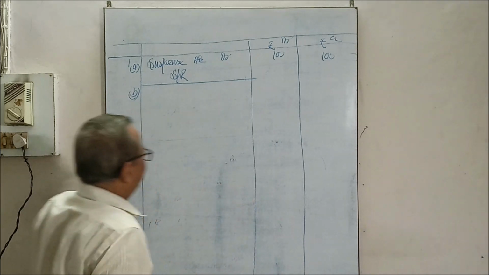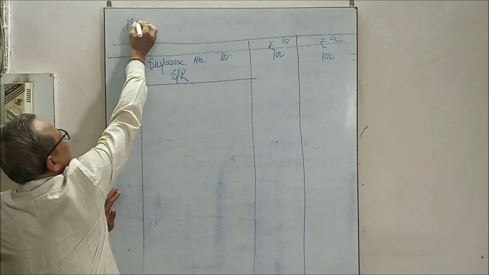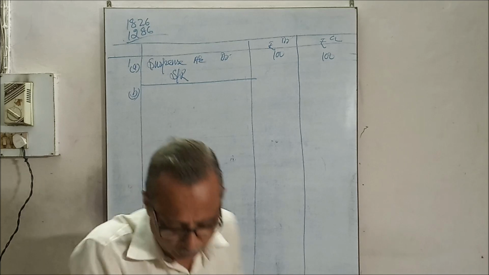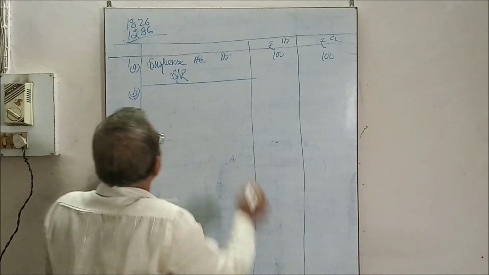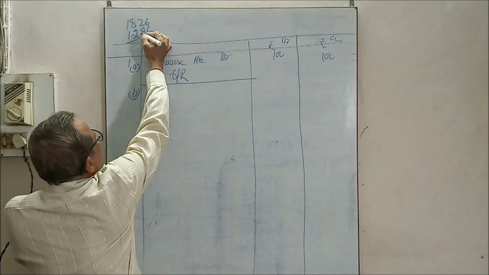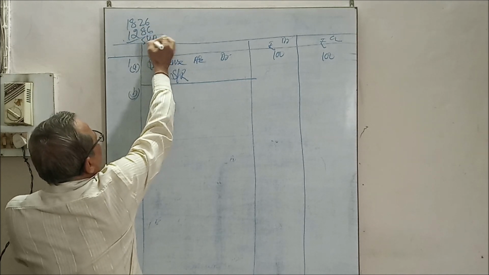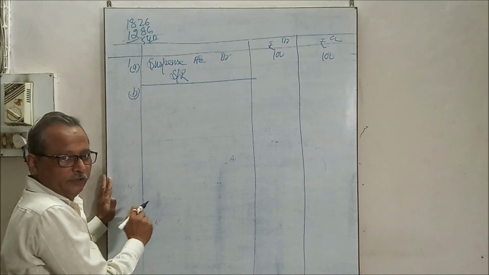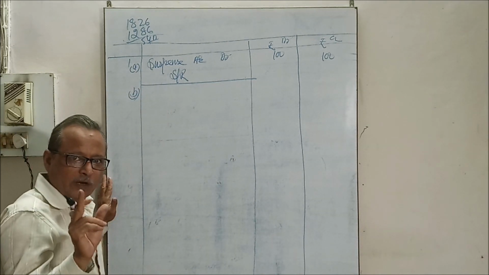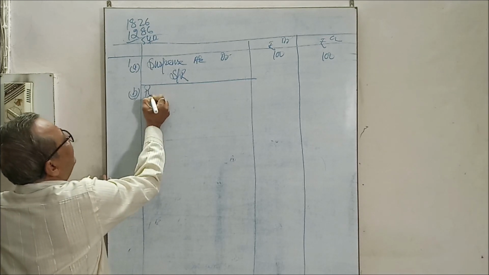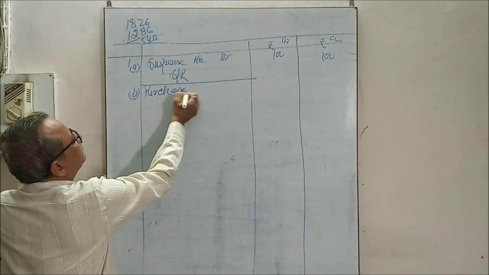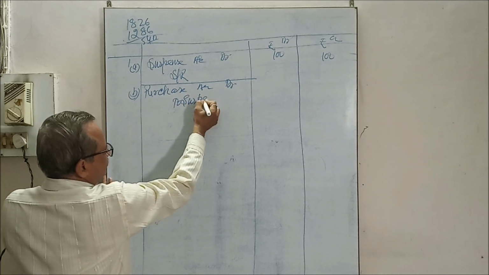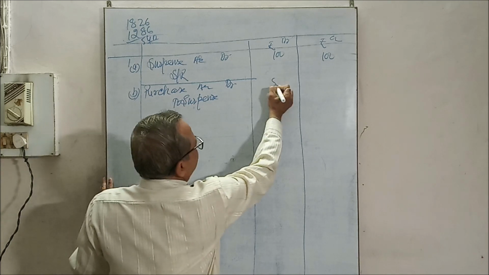There is a difference, and that difference is 540. Now see how to do it. The purchase account was less debited, so purchase account debit to suspense account, 540.